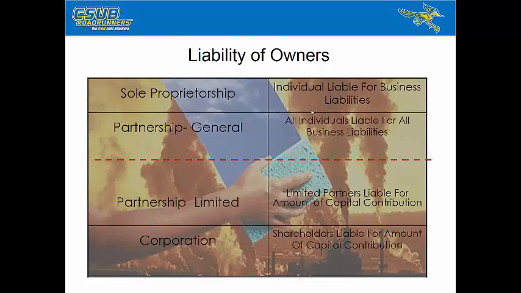Liability of the owners: in a sole proprietorship or in a general partnership, you are personally liable for anything bad that happens. In a limited partnership or in a corporation, you as an individual have a certain amount of liability, but if somebody sued the corporation for $1 million, you would only be responsible for 10,000 of that.